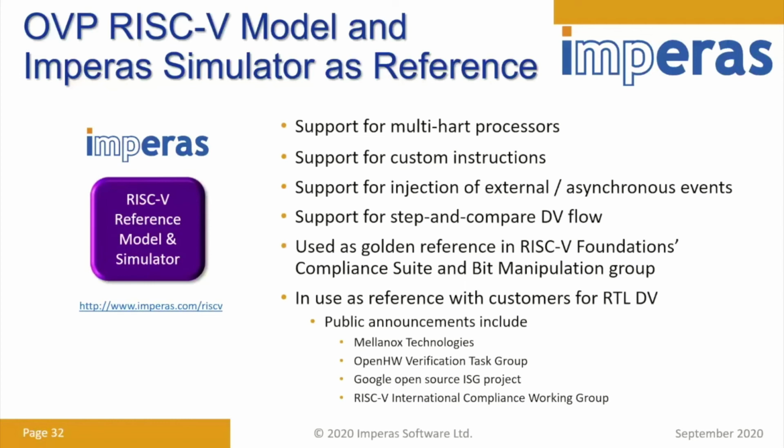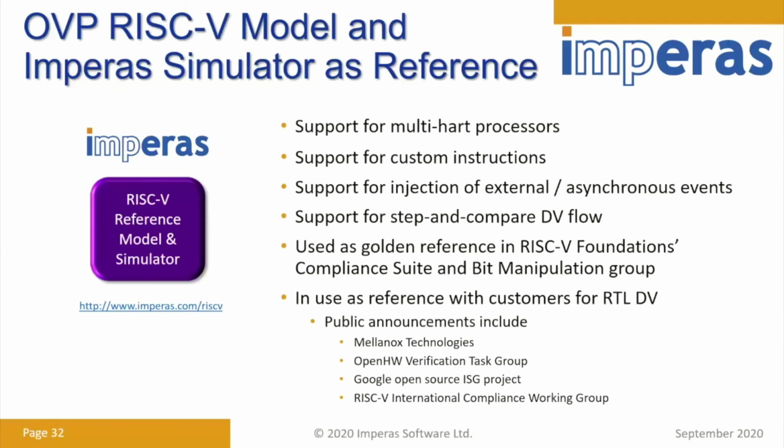When it gets to design verification, you have to consider things such as having multiple harts, the custom instructions, and also being able to be reactive to external asynchronous events. This is one of the things that we've concentrated on recently, by providing a step and compare design verification flow as part of something like a SystemVerilog simulation environment.